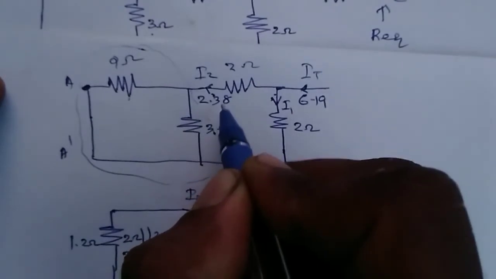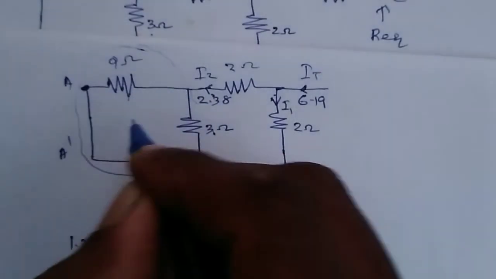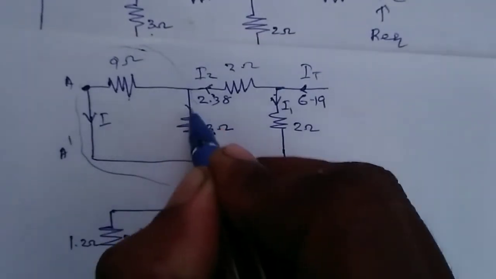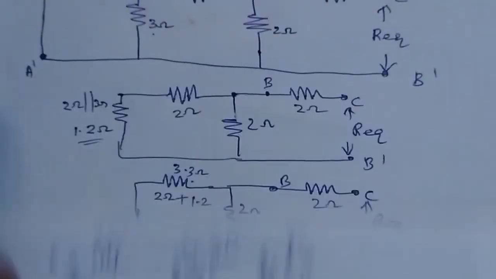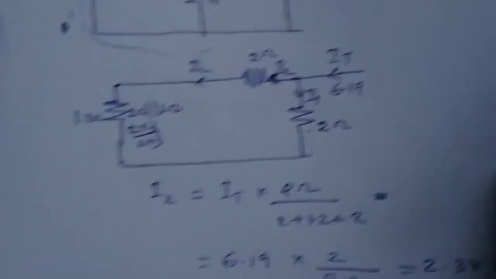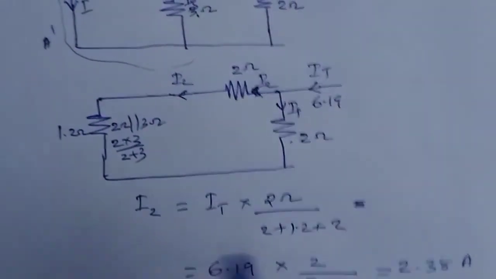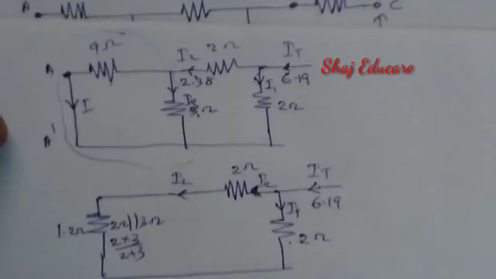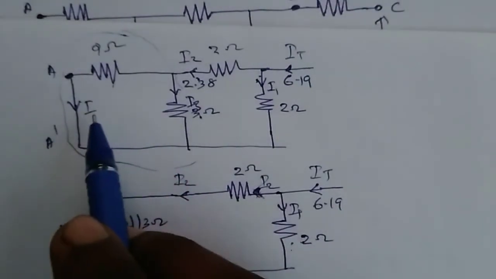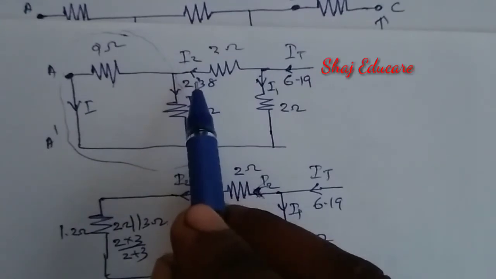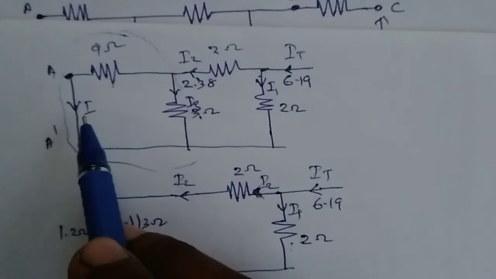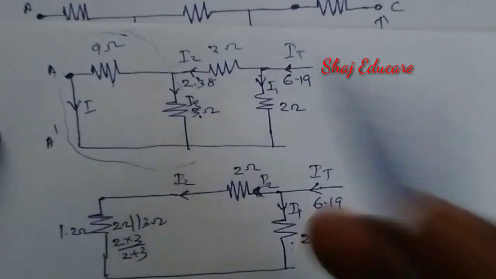So let us mark it here as 2.38. Again, this 2.38 is going to split into two components. This is I and this is I3. Okay. Again, our aim is to find the current I. We know the magnitude of current I2 is 2.38. To find the current I, let us apply the current division rule.